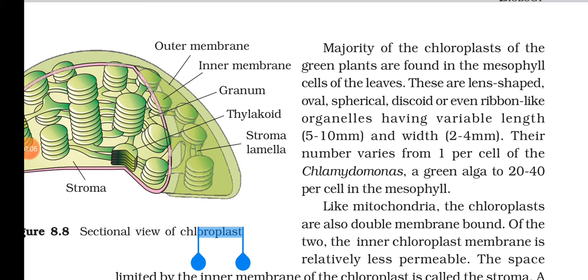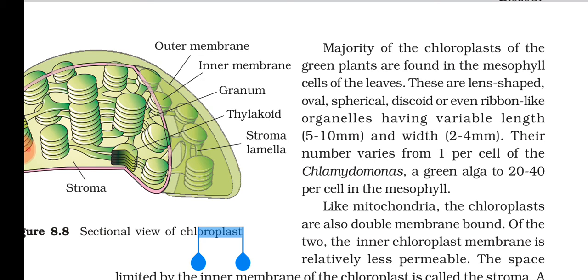Chloroplasts are mainly found in the mesophyll cells. What are mesophyll cells? The cells of leaves, isn't it? Those which are present in between the epidermal cells are called what? Mesophyll cells. So these mesophyll cells mainly contain what? Chloroplast. And their shape also varies. We have studied this when we studied the plant kingdom, isn't it?